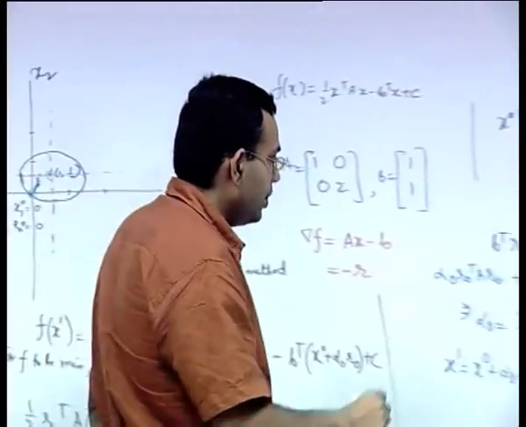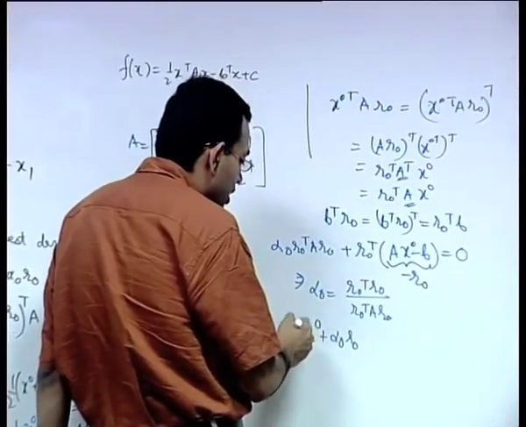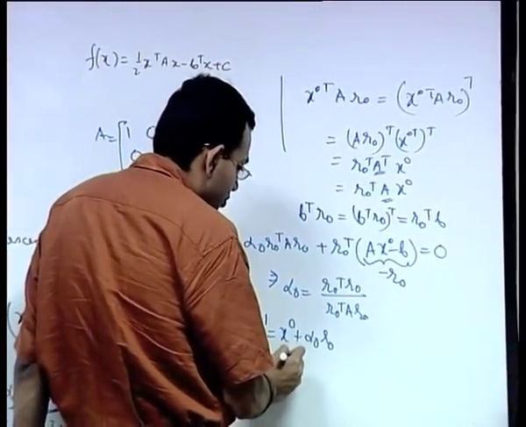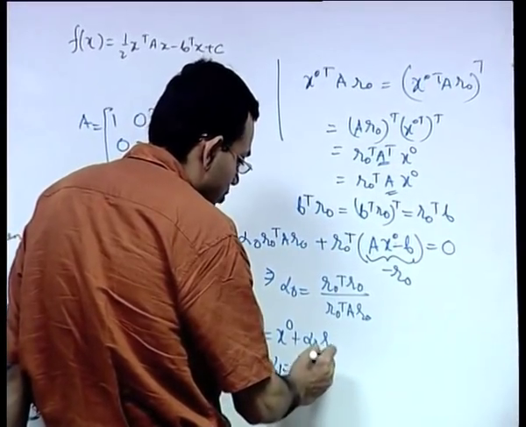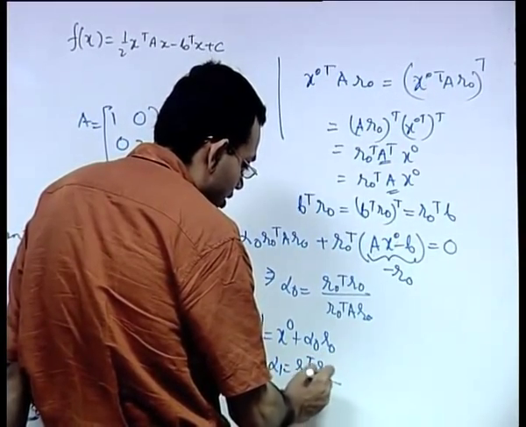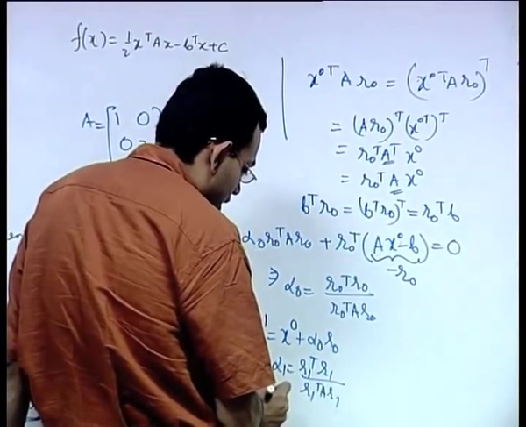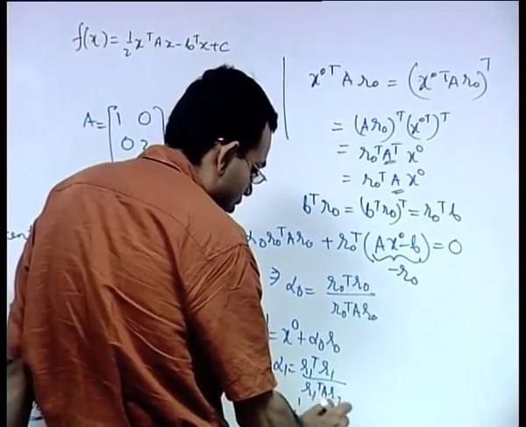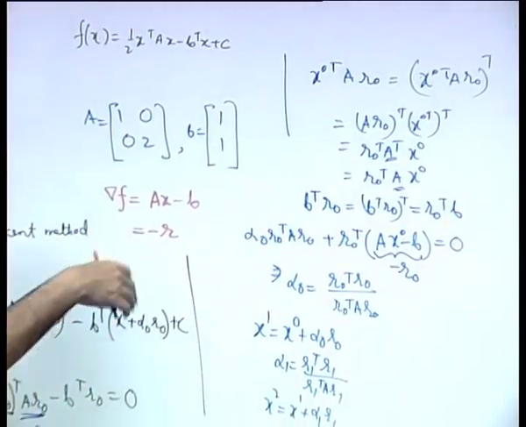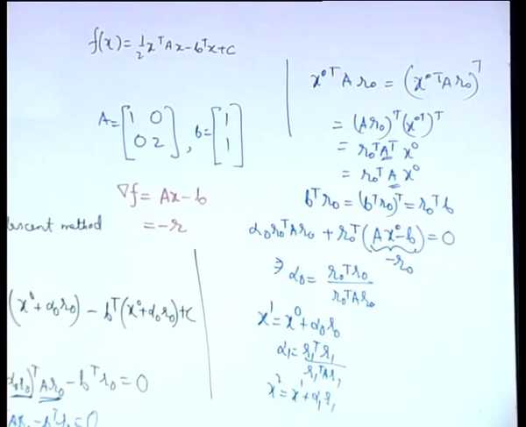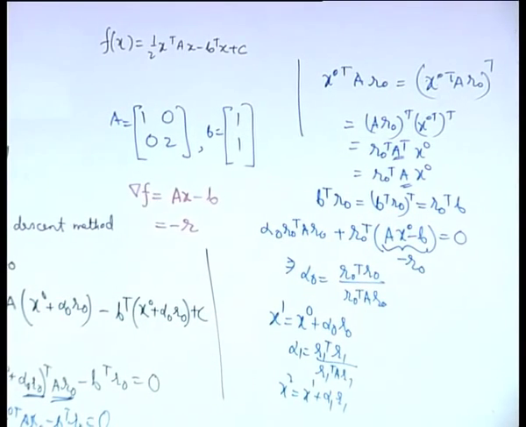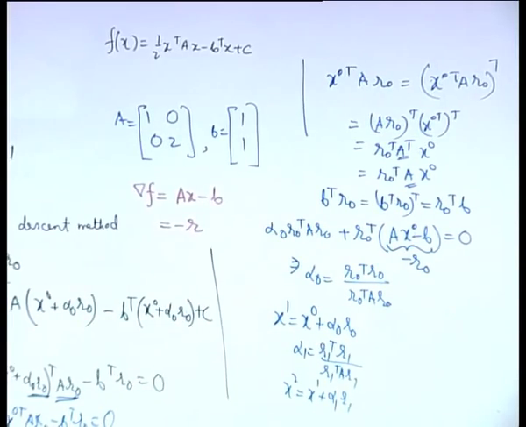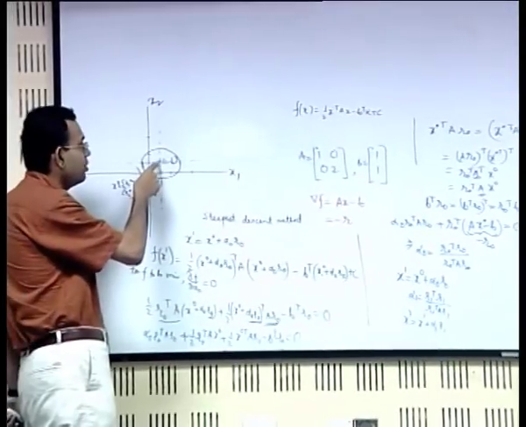Similarly, when you go on calculating x2, the subsequent x, your alpha 1 will be r1 transpose r1 by r1 transpose A r1, and x2 is equal to x1 plus alpha 1 r1. In this way you go on having new choices of the point till you come to the solution. So till you hit the bullseye.